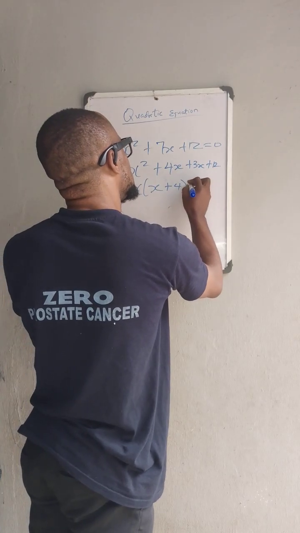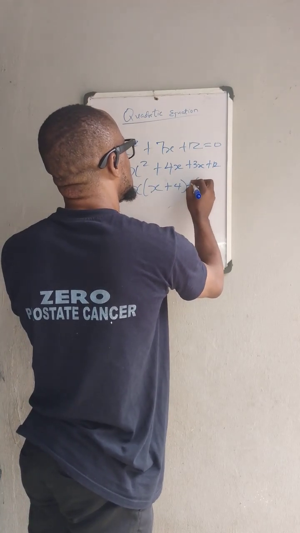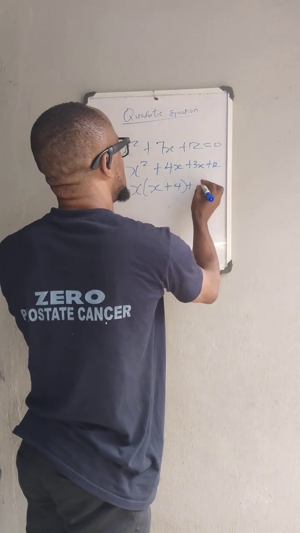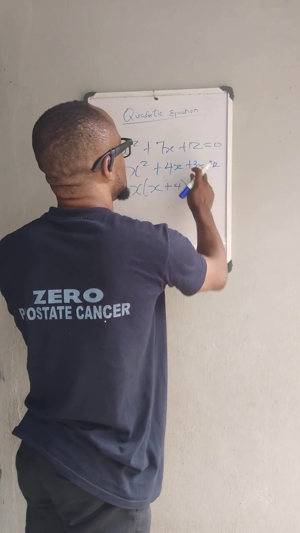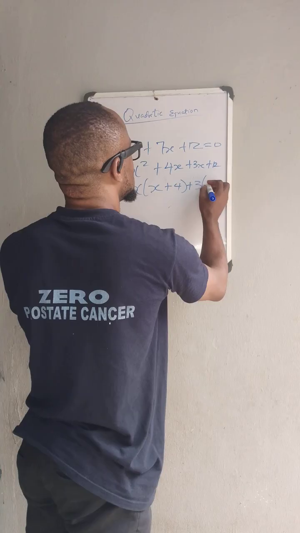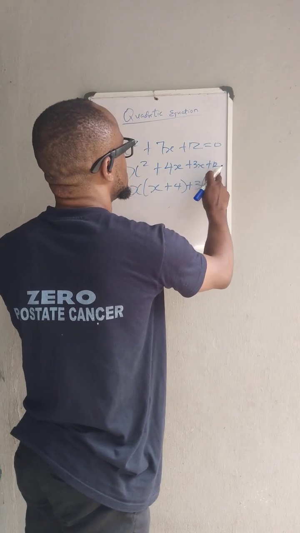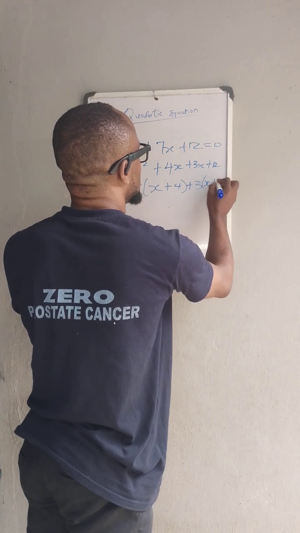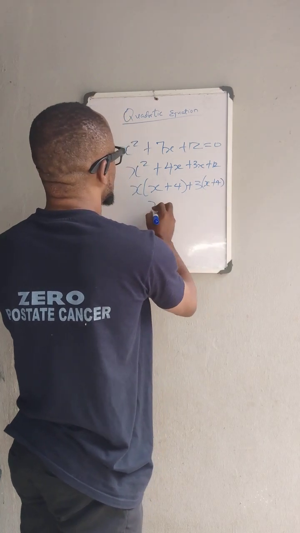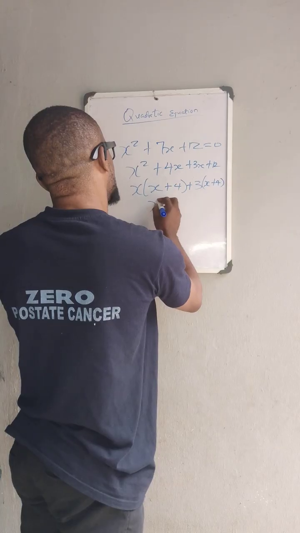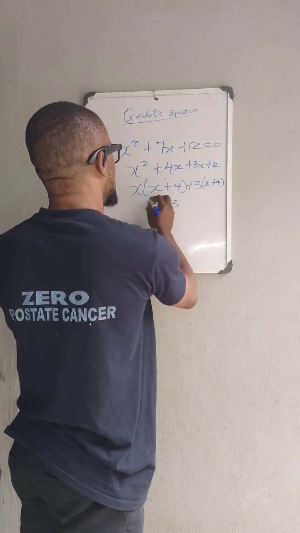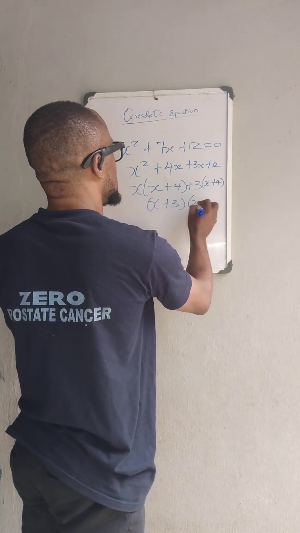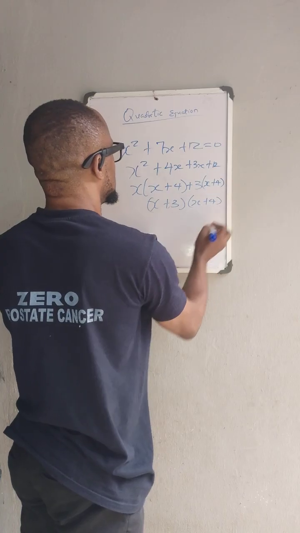Then plus 3, 3 takes care of 3 to remain x. 3 into this, it will remain 3 divided by 12 is 4. So x plus 3, then x plus 4.